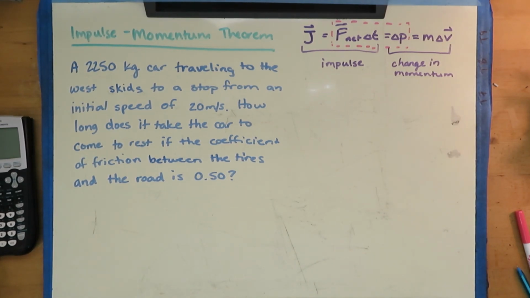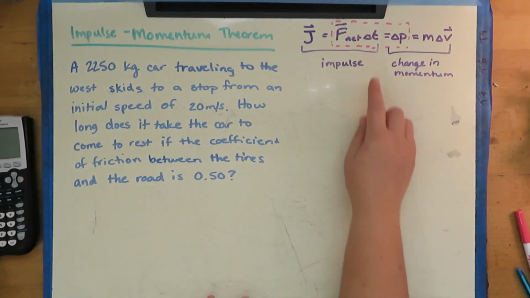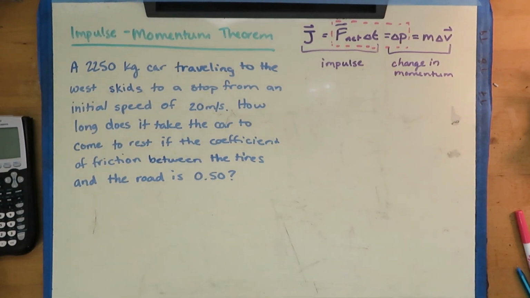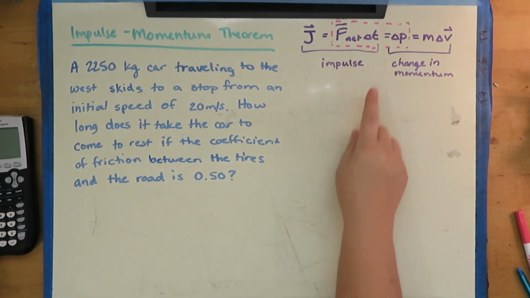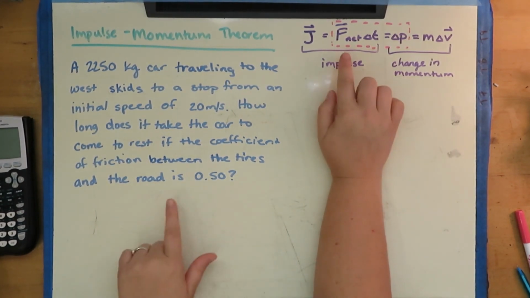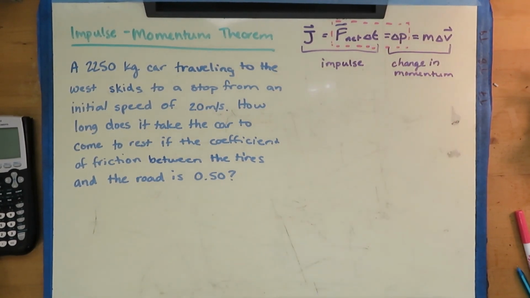We've seen these in forces, in work, and in kinematics. This is one more way to solve the problem. I really like this method when it involves time, kind of like I like the work energy theorem when it involves distance. But because this involves time, forces due to friction, and changes in speeds, I really like the impulse momentum theorem.